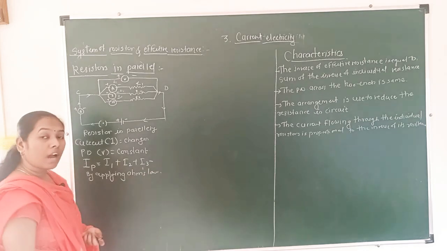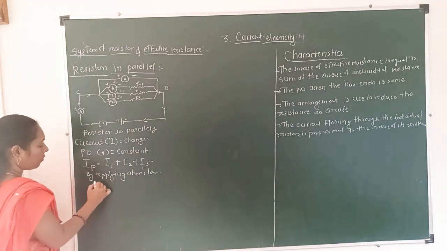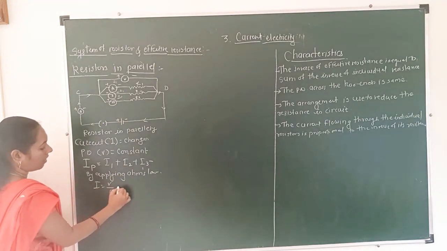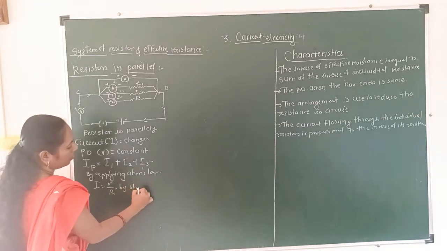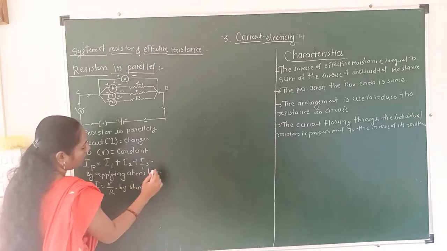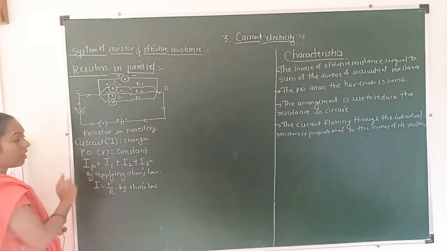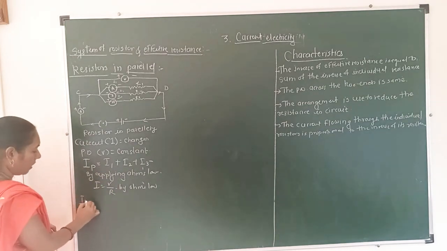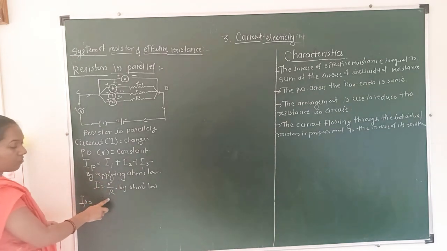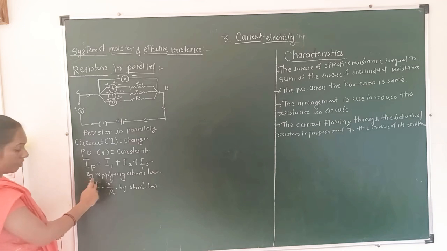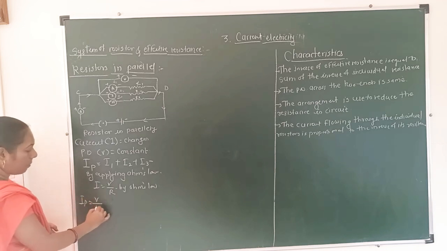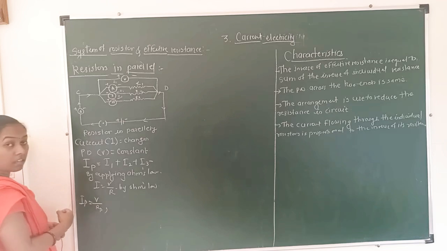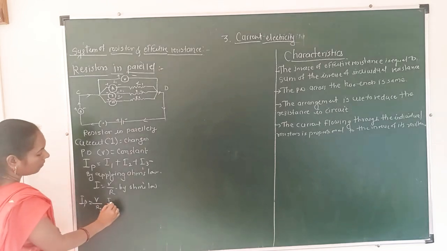Now by applying Ohm's law, what is the value of I for Ohm's law? I is equal to V upon R by Ohm's law. Okay, by putting this value in the above equation, IP becomes, if I is equal to V upon R, and V is a constant, IP is equal to V upon RP. Clear? What about I1?